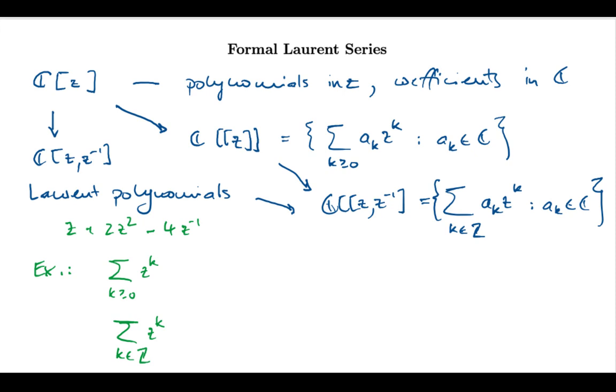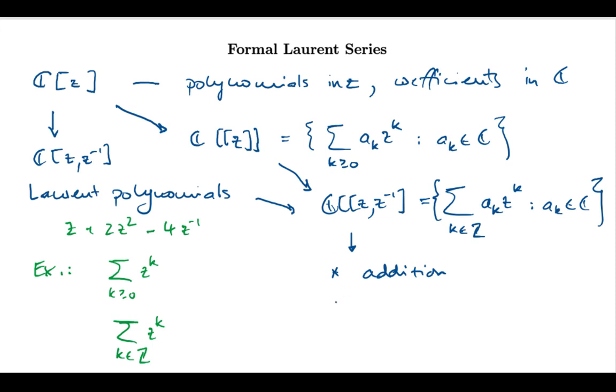Okay, so let's think about some properties. In this set over here, there's a natural addition, and that's the same addition that you have on polynomials. So we add two formal Laurent series by component-wise adding coefficients.